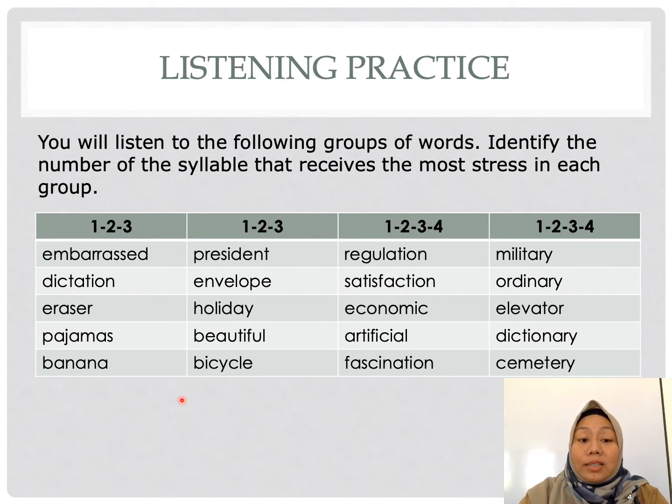Now let's do the second row. President, envelope, holiday, beautiful, and bicycle. Where the stress is. And now let's do the third row.